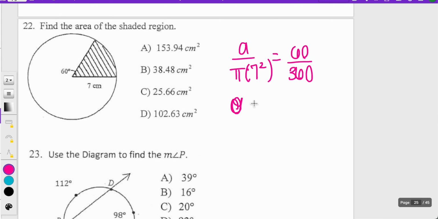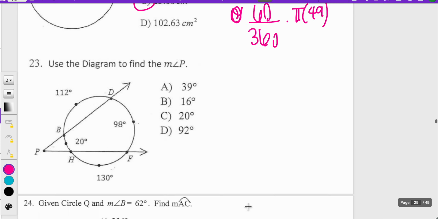So initially we learned it like this: 60 over 360 times pi times 49. Okay, so 60 divided by 360, you can do that first, and then times by pi, and then times by 49. I'm getting about 25.64, which is going to be closest to 25.66.